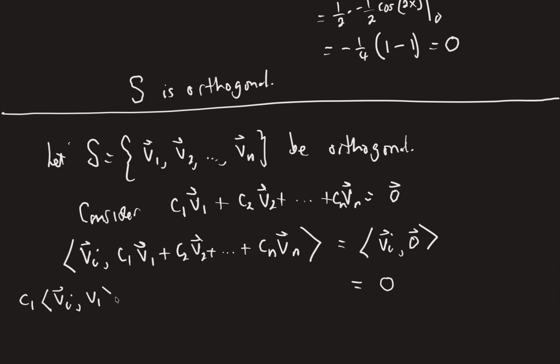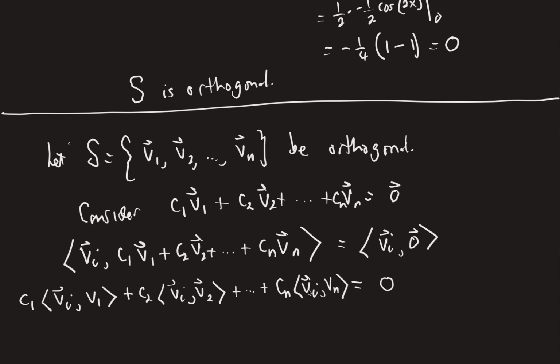And then I will add to that, this is the distributive property, when I get to the second term in our linear combo, take out the c2, and then you'll have Vi again with the inner product with V2, and then dot dot dot, plus the last term here, take out the cn, and then you'll have the inner product of your Vi, whatever that is, with Vn.